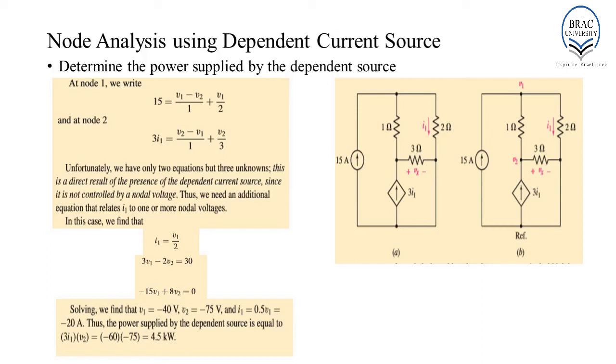On deriving the linear equations and solving them, we can easily determine the nodal voltages. Using these values, we can determine the power supplied by the dependent source. The solution for this network is given over here. Please solve the circuit yourself and then try to match your answer with the given solution.